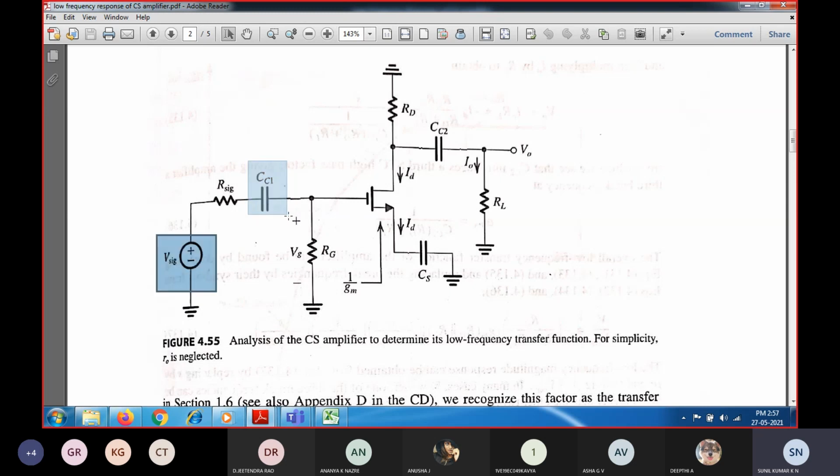So initially these capacitors CC1, CC2 or CS have a higher impedance value.